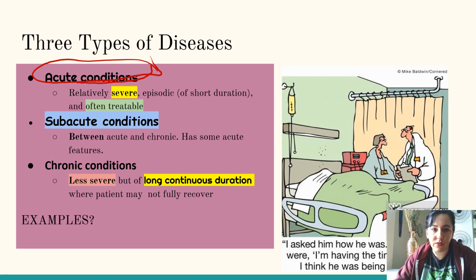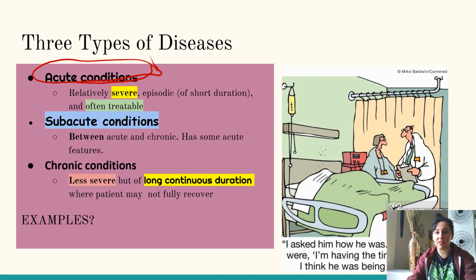So some examples of how you can move through the different types of diseases could be, let's say you are in a car accident, so a pretty severe car accident, but you walk out, you're fine. You get to the hospital and you've broken so many bones in your body.